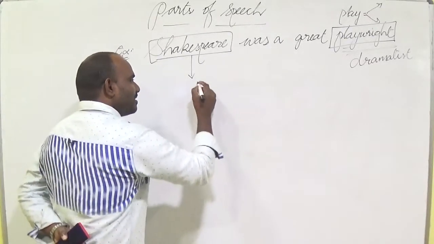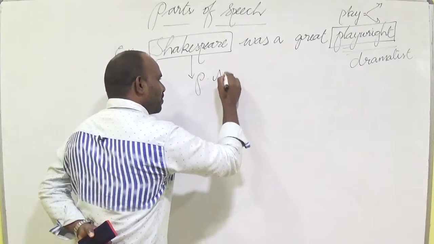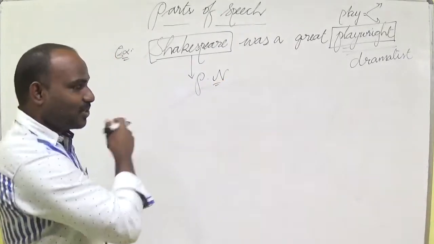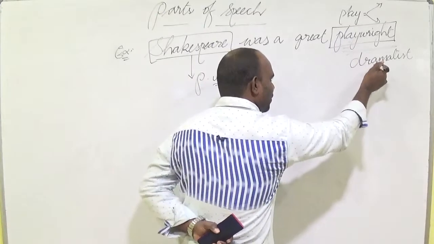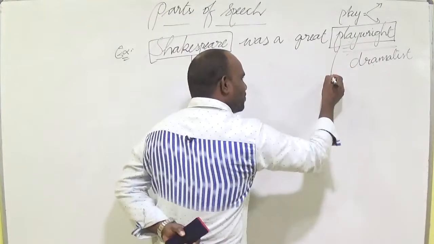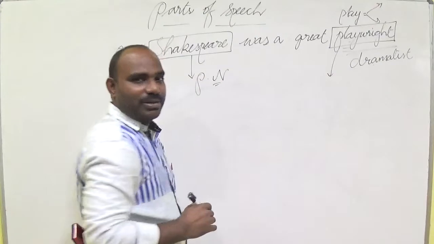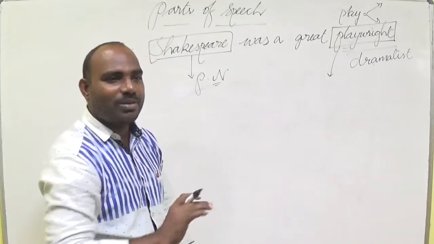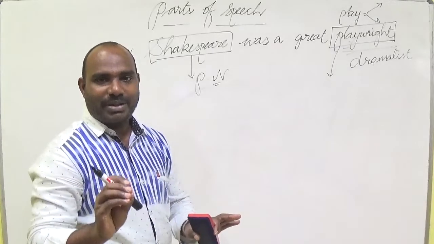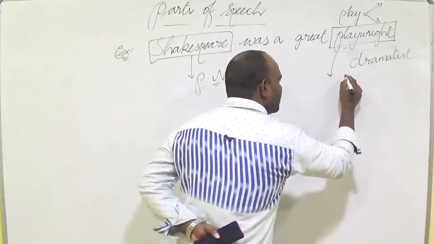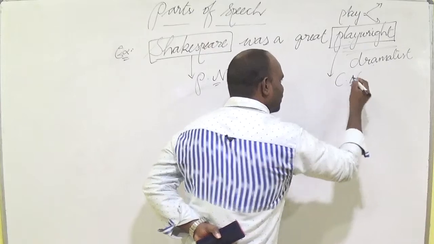That's why it is called a proper noun. And playwright or dramatist is a word we use in common for all the people who write dramas. So this is common.